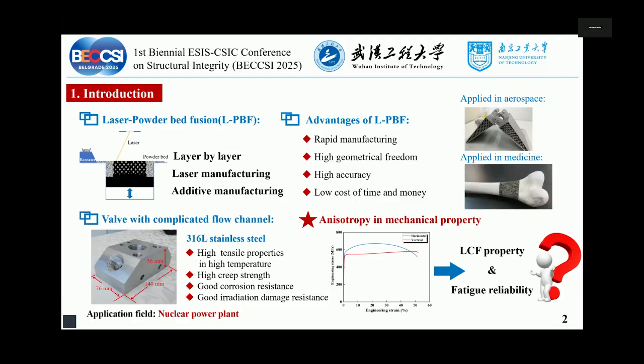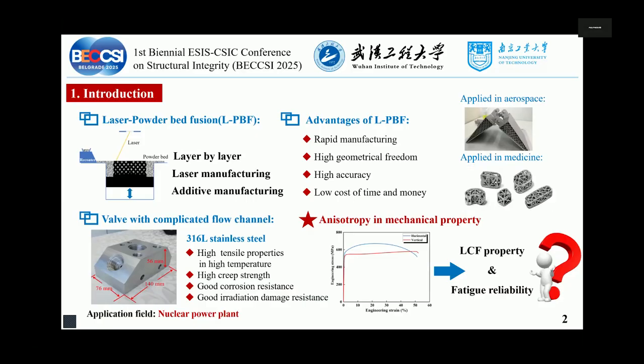Okay, I will introduce this manufacturing technology, LPBF. The main advantages of LPBF are rapid manufacturing, high accuracy, and low cost of time and money. So it has been used for some important components in Chinese nuclear plants, and the material is 316L stainless steel.